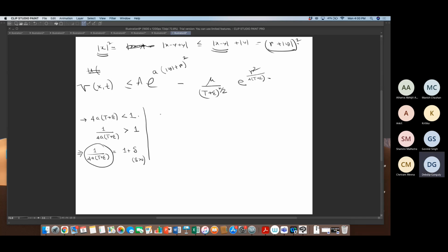Substitute this here. You will get that this quantity will be less than a times e to the power a mod y plus r whole square, minus mu times 4a 1 plus delta whole to the power n by 2.